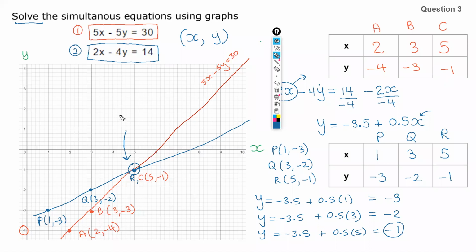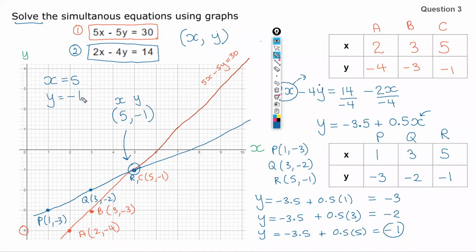The answer for solving the simultaneous equation is (5, -1). Why is it (5, -1)? That is because that is where the 2 graphs meet or intersect or cut, however your teacher decides to say it. So the x value is 5 and the y value is -1. So in other words, the answer is x is equal to 5 and y is equal to -1.